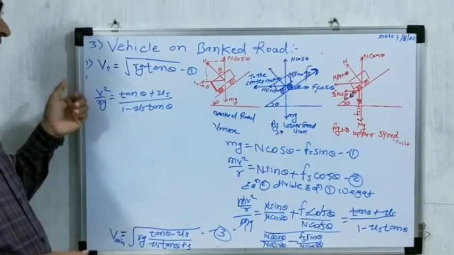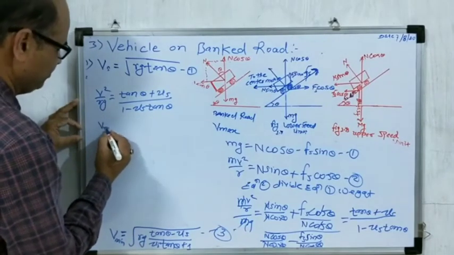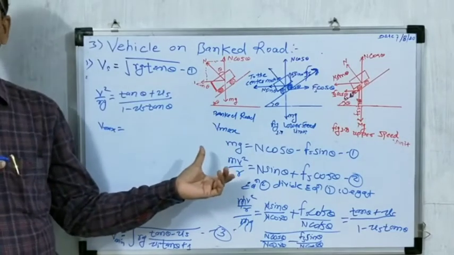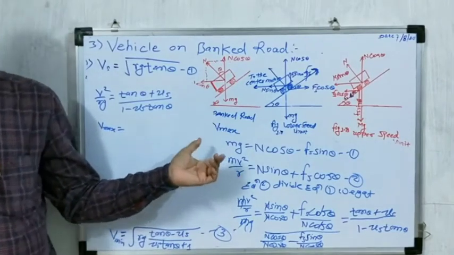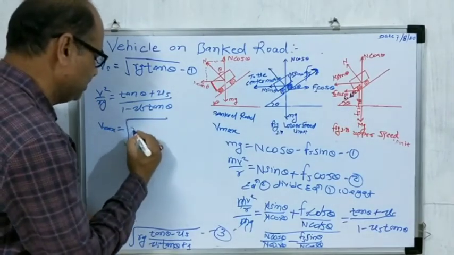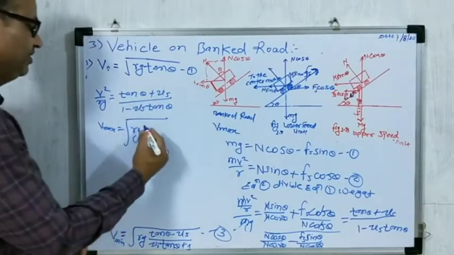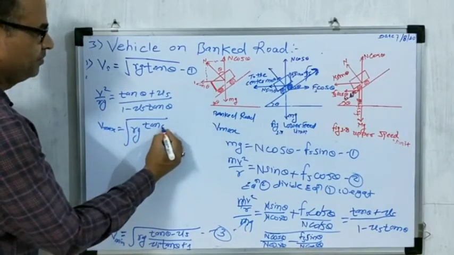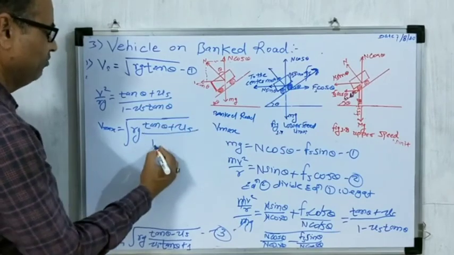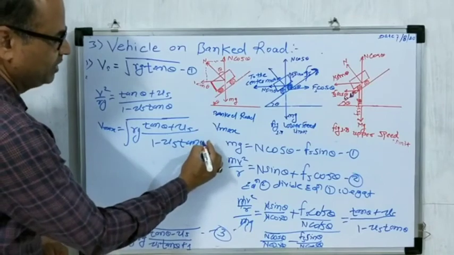This velocity is the maximum. Therefore v maximum is equal to under root of rg into (tan of theta plus mu s) divided by (1 minus mu s into tan theta).